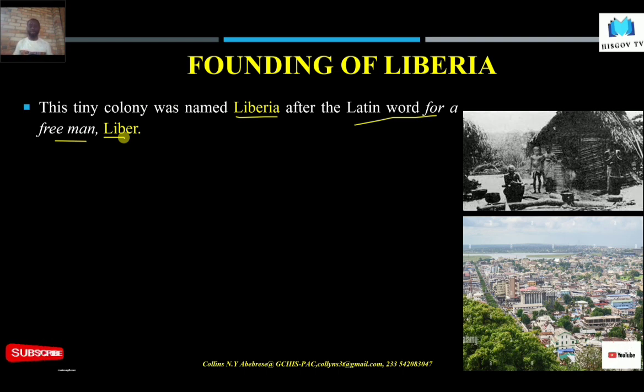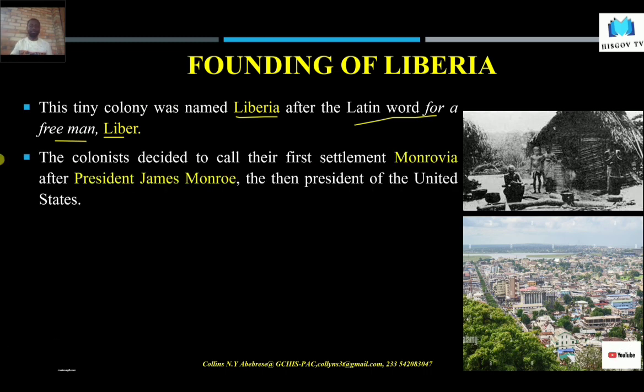Okay, and this image you see here was the image of Liberia somewhere in the 1920s. Okay, and this is the current picture of Liberia. We'll get to know the particular city, but let's move on here.